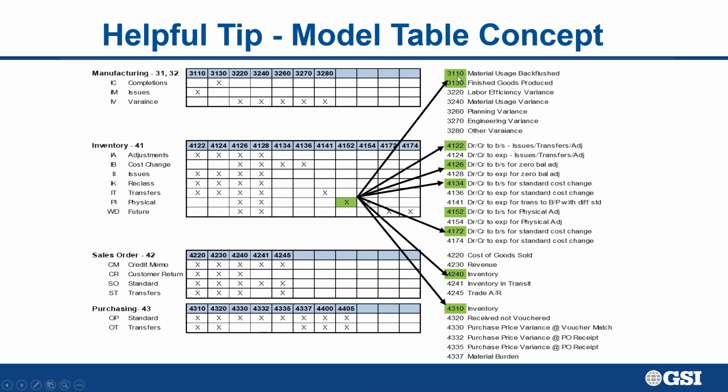And if you use those company 0 entries and the 4 asterisks, they tend to mask issues, right? So you won't get any screen errors, things will post to the GL, they just won't post the way you want them to, okay? So we need to take a model and then compare all of these other ones to our model to make sure that it aligns properly. So that's what a model table concept is.